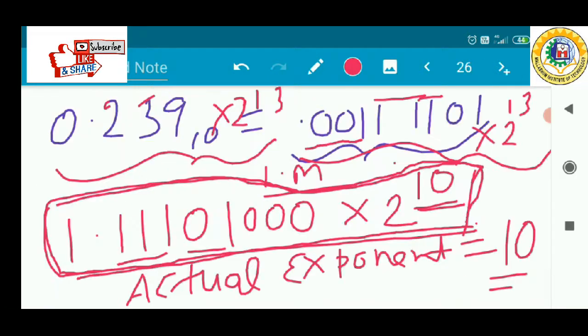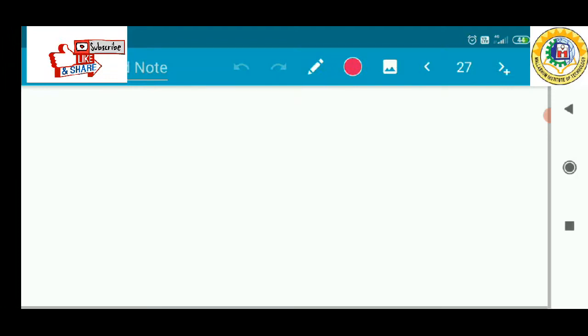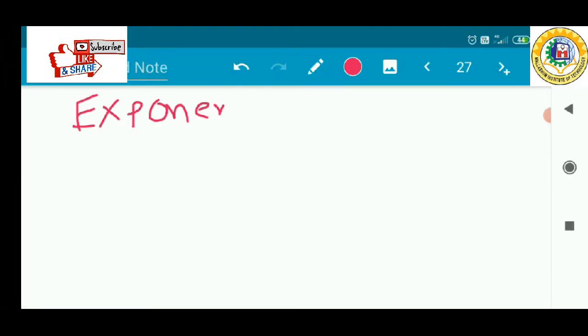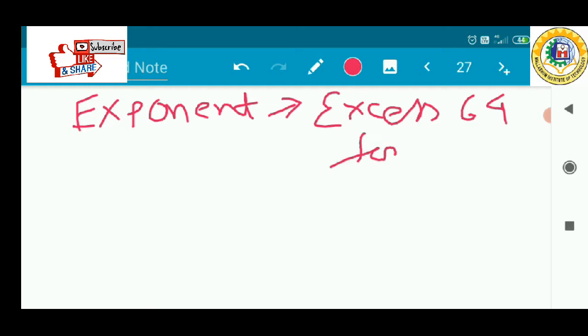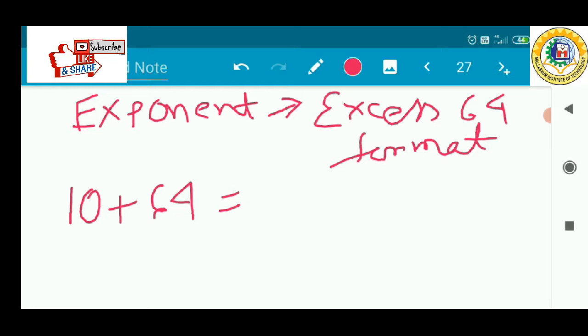So you have to represent the exponent in XS64 format. Your actual exponent is 10, so while representing it in XS64, you have to add 64 to the exponent. So your exponent becomes 74.